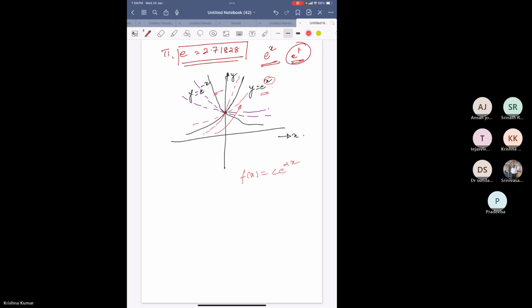Anyone? Most of the drugs, I mean, the drug absorptions and its life inside the body are all exponential functions.